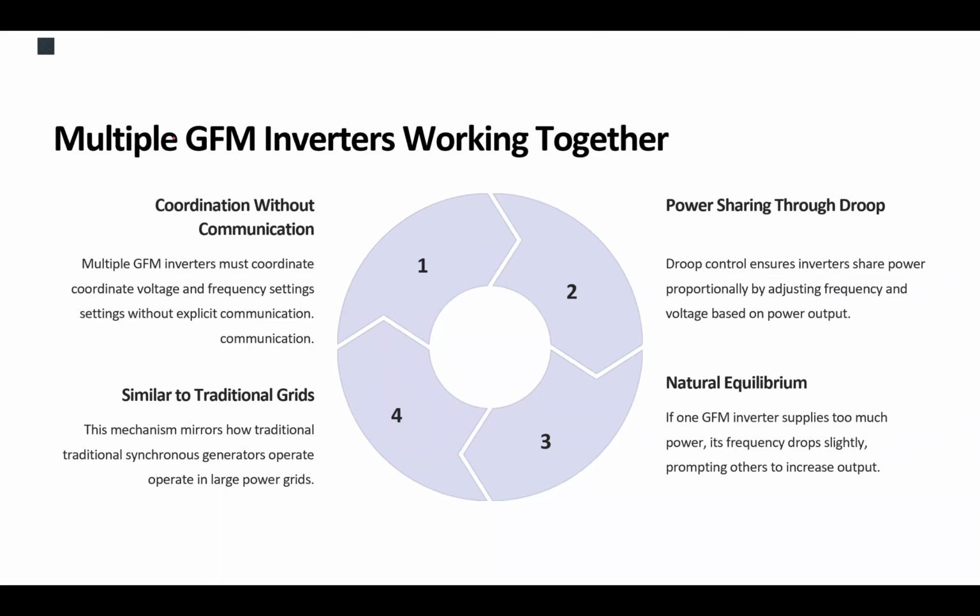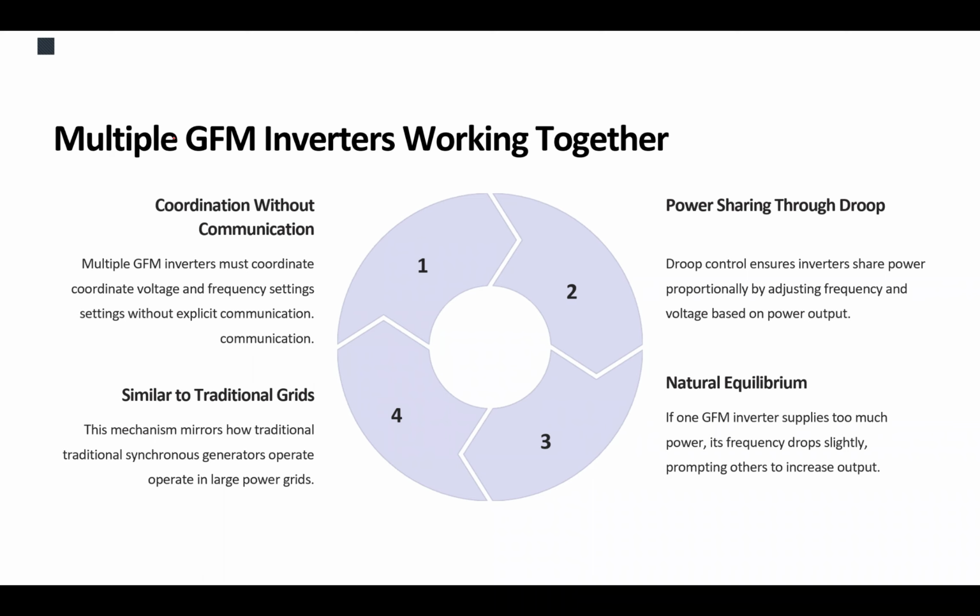Now, some have more capability, so they answer faster and bigger. That means there's less leftover problem for the low capacity GFM. So power sharing is an intrinsic behavior in Droop control and in GFM.